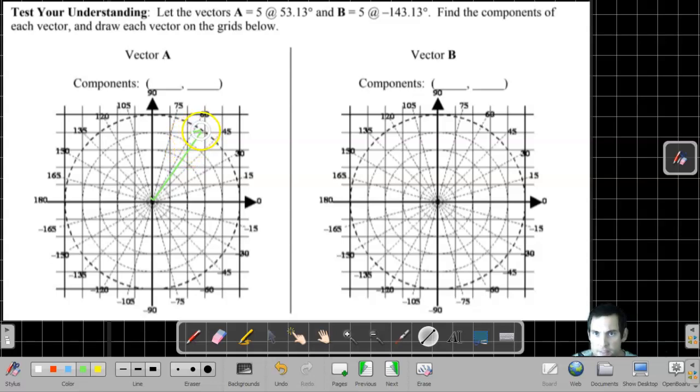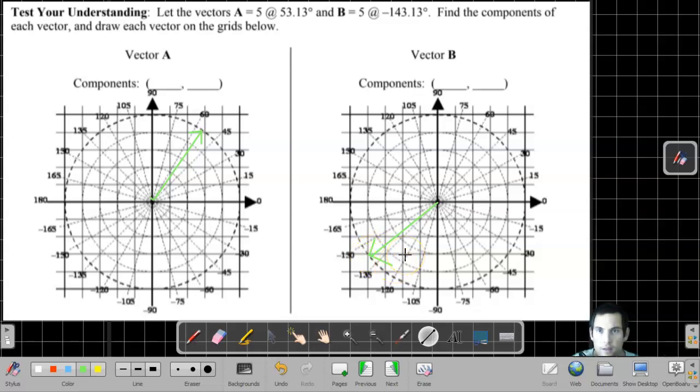Just counting those concentric circles to give me my units as I go out. 5 gets me to the outermost ring. And then vector B, magnitude 5 at negative 143 degrees. All the way to the outer circle, somewhere approximately in there.